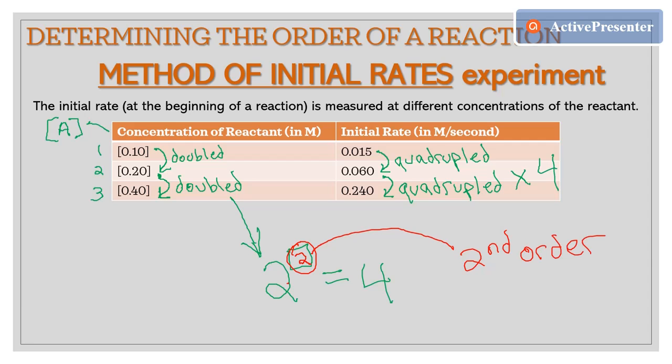And just like the first order is directly proportional to the concentration, the second order is not directly proportional, it's exponentially proportional.